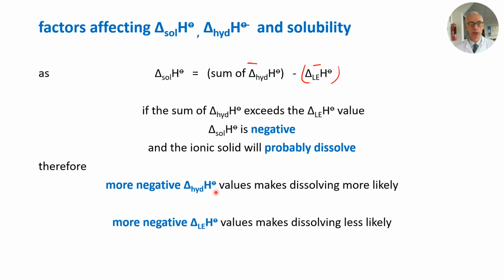Not quite so intuitive though is that the more negative the enthalpy of hydration values are, then because of its effect on the enthalpy of solution, the more likely it is that the enthalpy of solution is negative, then the more likely it is that the ionic lattice will be soluble.